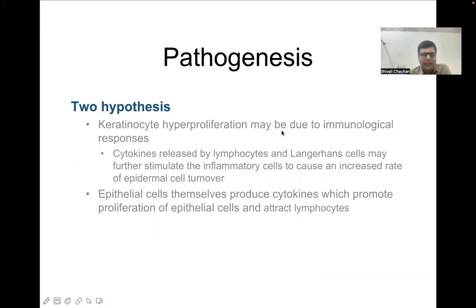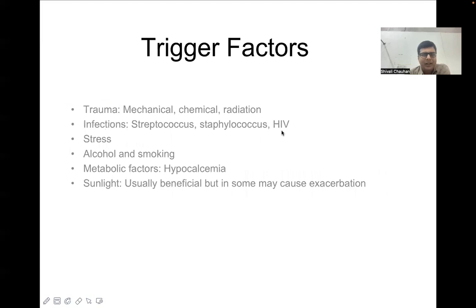There are two hypotheses in the pathogenesis of psoriasis. The first is keratinocyte hyperproliferation due to immunological response. Cytokines released by T lymphocytes and Langerhans cells may further stimulate the inflammatory cells to cause an increased rate of epidermal cell turnover. Epithelial cells themselves produce cytokines which promote proliferation of epithelial cells and attract lymphocytes.